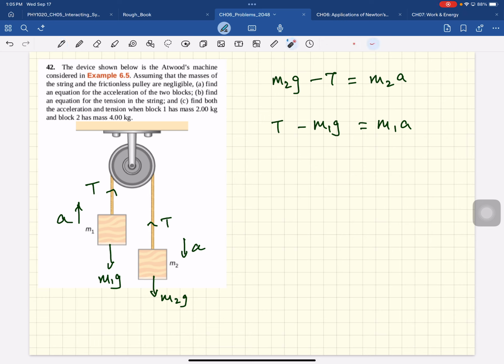If you add these two equations, the T's will cancel. So (M2 minus M1)G equals (M1 plus M2)A. What does this equation look like?